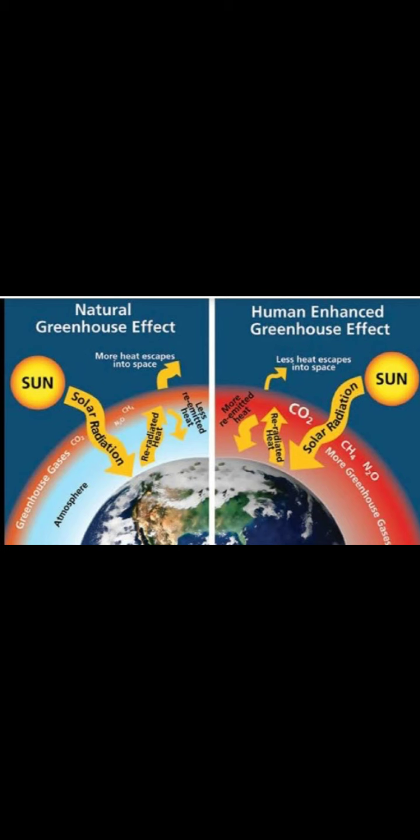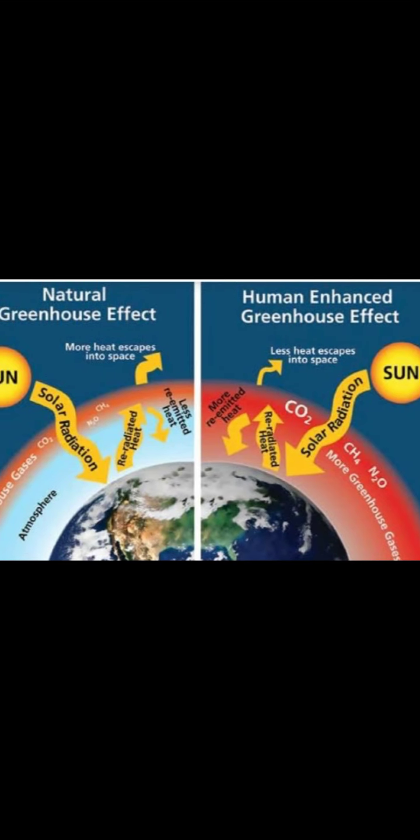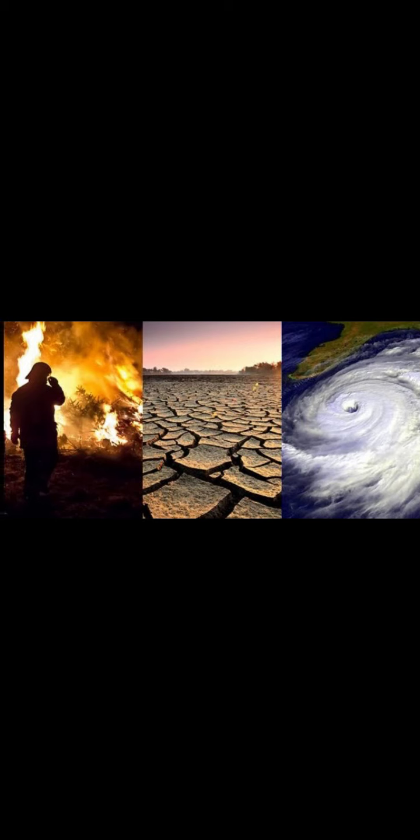Then you can look here at the natural greenhouse effect, and then what humans enhance, which we discussed on the previous slide. Because of this, the rays stay inside. You can look here, it changes the color into red. So they change the environment. If the glaciers start melting, it starts flooding.